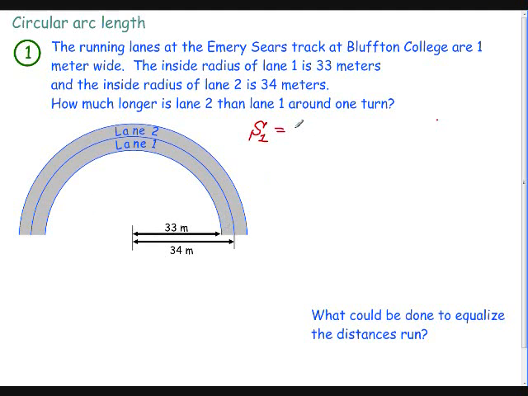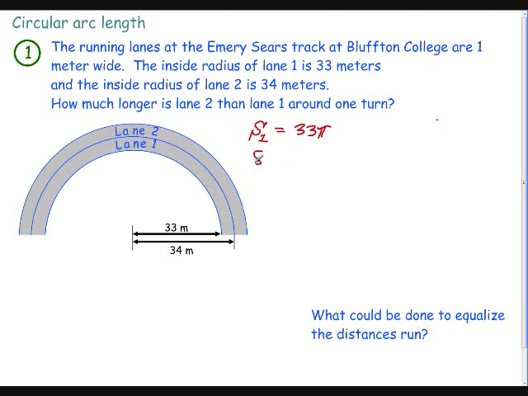It's a radius of 33. And what do we know about the angle? It's a semicircle. It's 180 degrees. We can't use degrees, but we can use radians. We know it's pi radians.